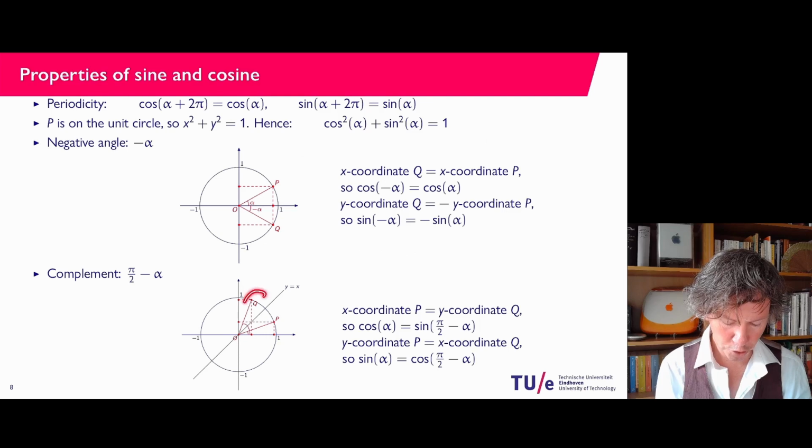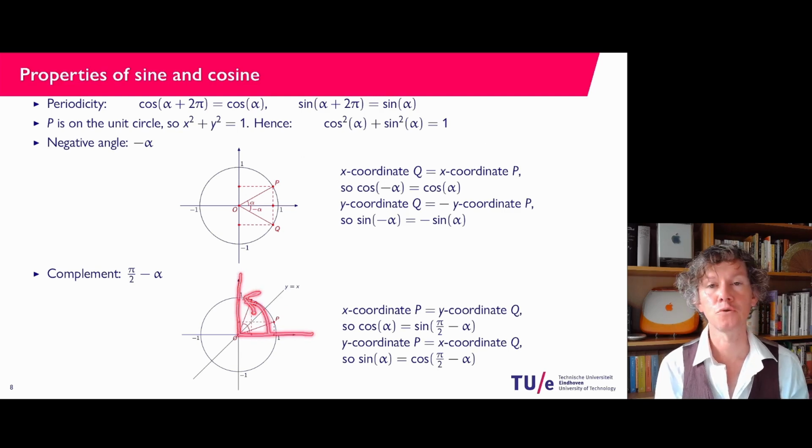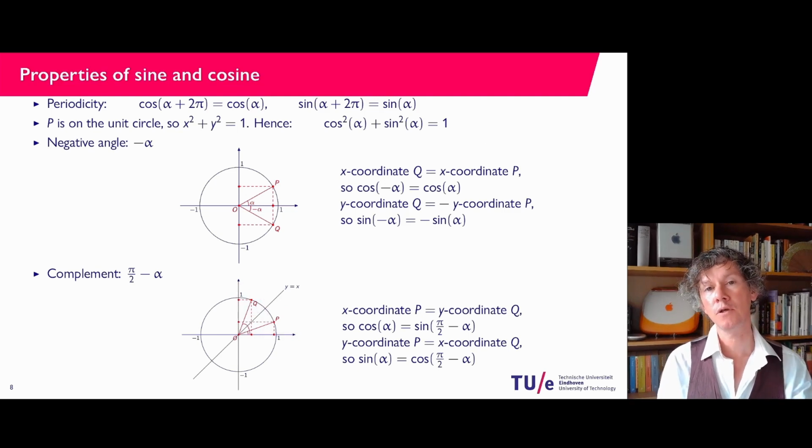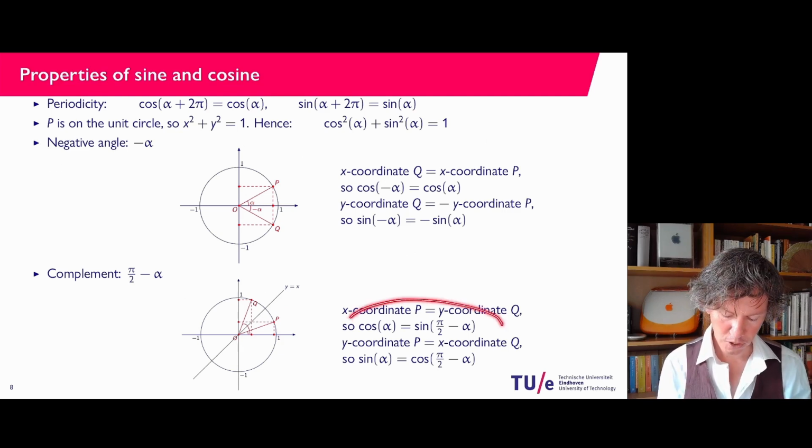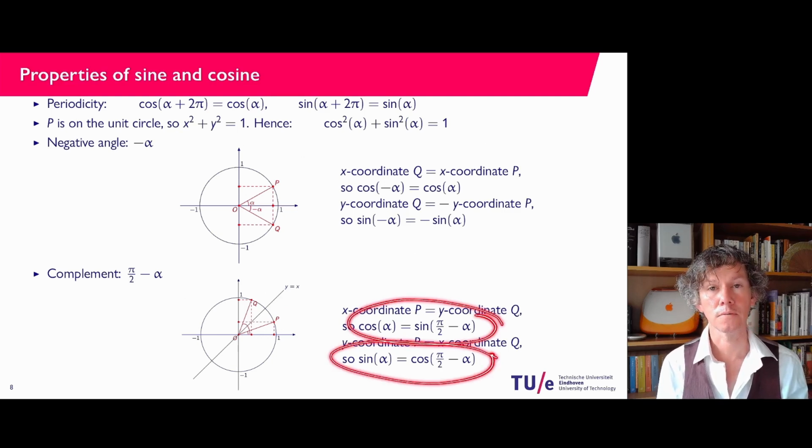So this point Q here has an angle of pi over 2 minus alpha, because the full angle, this one, is pi over 2. If I subtract alpha, that's precisely where Q is located. So the x-coordinate of P is the y-coordinate of Q, and the y-coordinate of P is the x-coordinate of Q, and that gives these relations between sine and cosine.